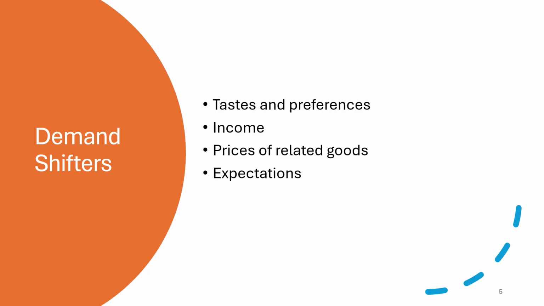Expectations for the future also matter, and you can think about this as how do people behave when they expect prices to change in the future, either because of external shocks like tariffs, or because of incoming events like hurricanes and snowstorms. Lastly, the number of buyers has a mechanical effect on the location of the market demand curve because market demand is the sum of those individual demand curves.